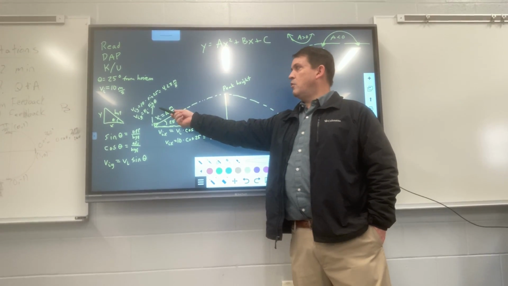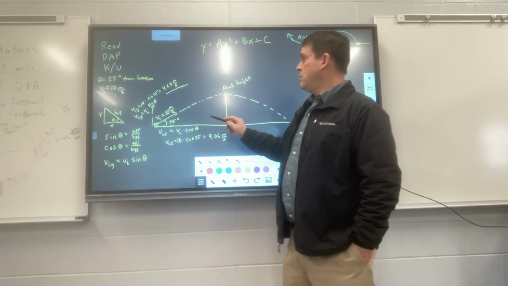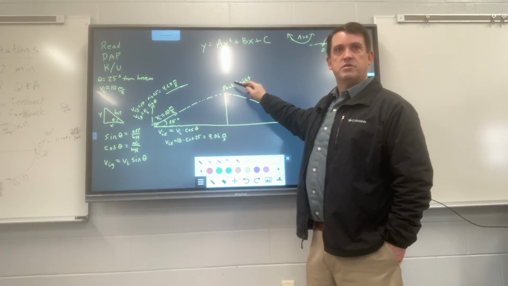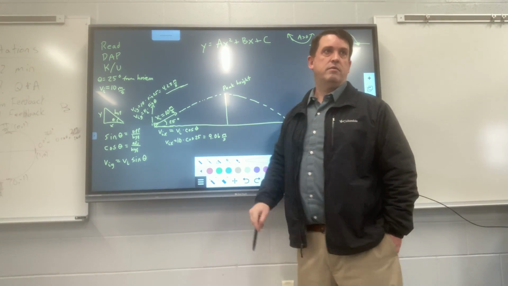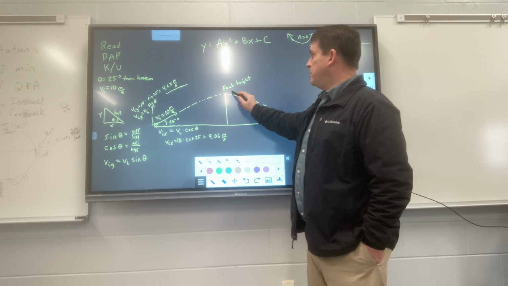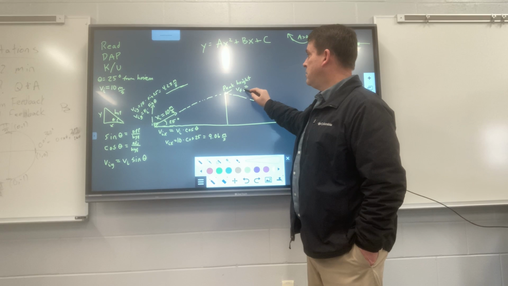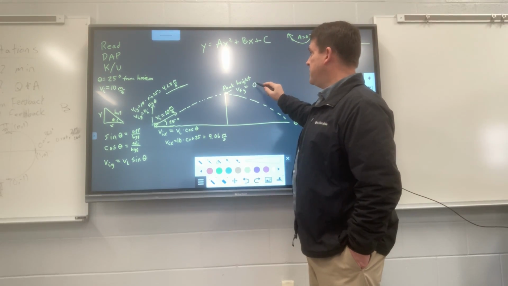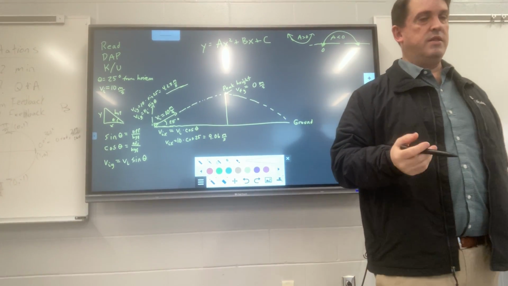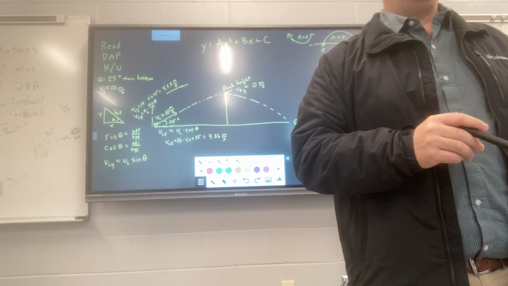That initial velocity in the y direction, that 4.23 meters per second, is going to determine how far up in the air it's going to go. And then it's going to go up and then it's going to come back down. And what's the V final going to be right here at this height? 0. Well, V final in the y direction is 0 meters per second. We don't know what it's going to be in the x direction. Constant.